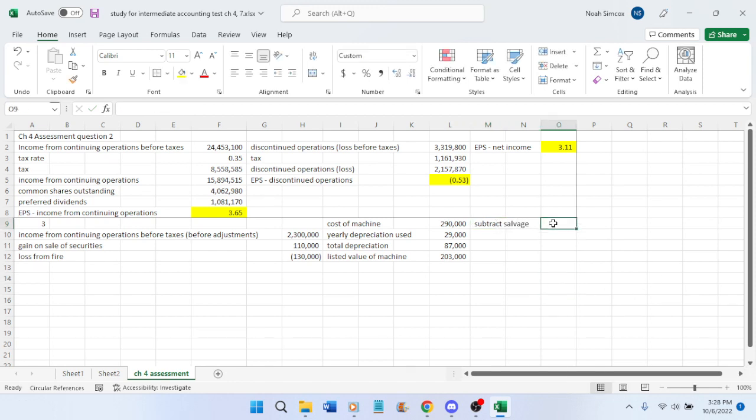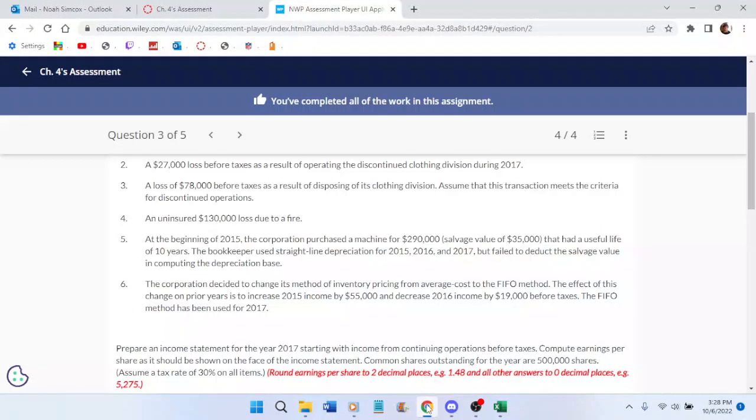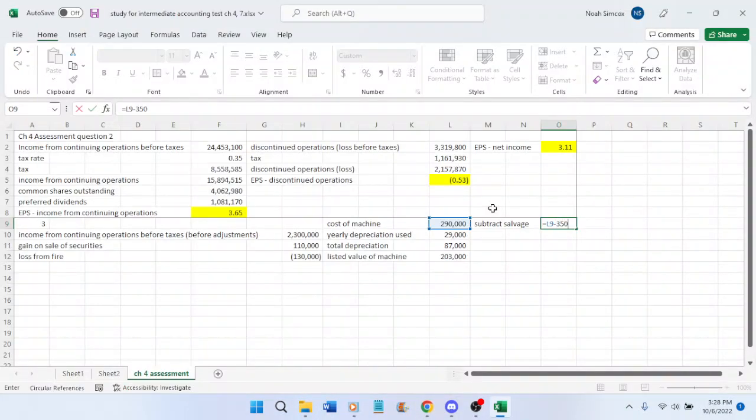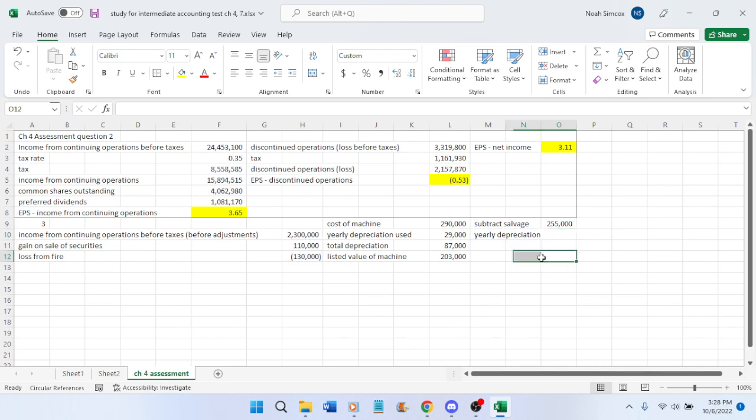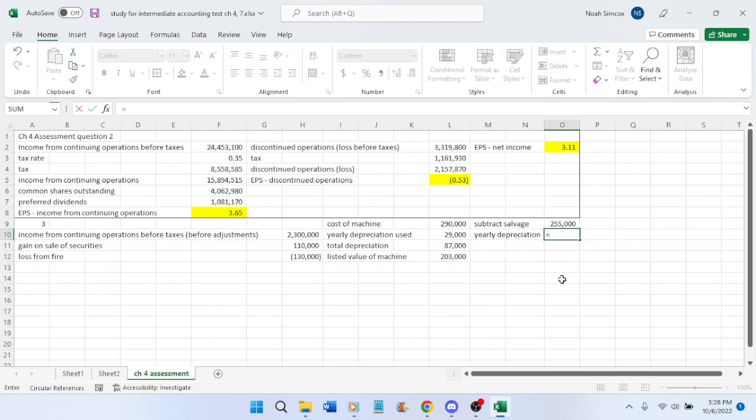So this equals this minus 35,000, and then yearly depreciation should be equal to this divided by 10.